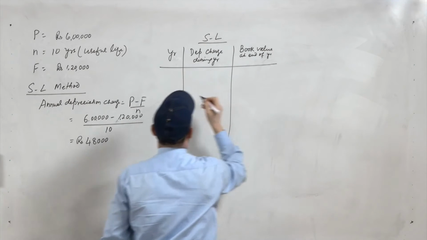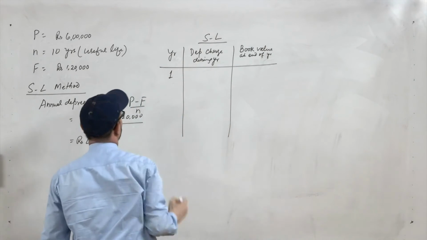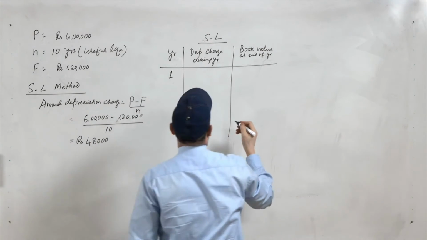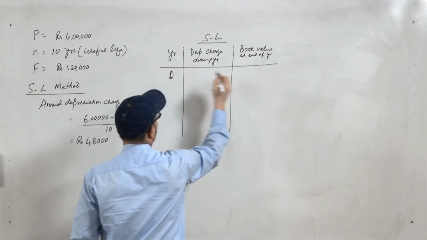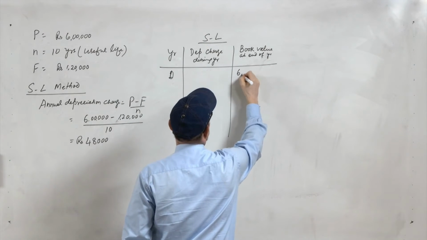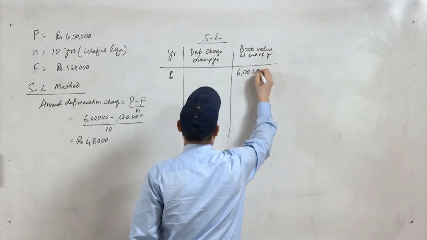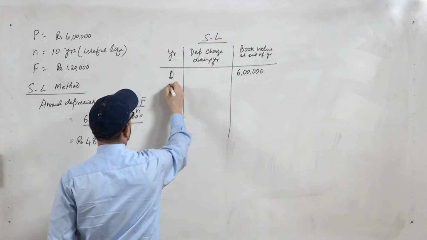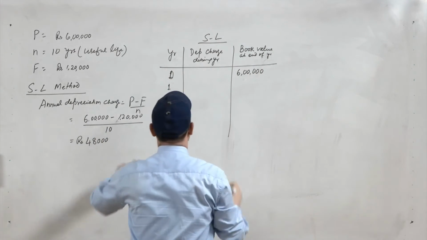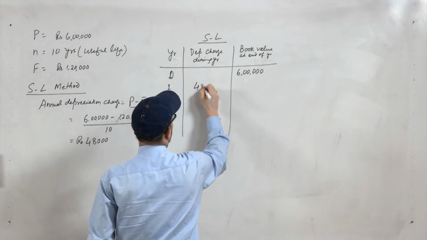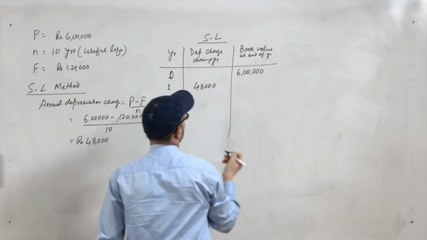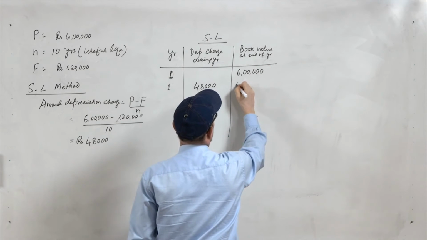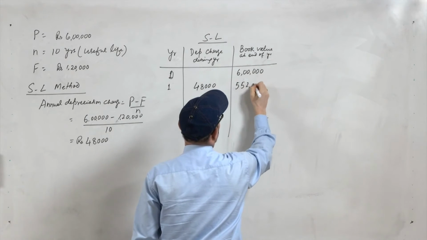Initially at year 0 the value is 6 lakh. Now, in the first year, depreciation every year is constant, so it will be 48,000, and the book value will be 552,000.